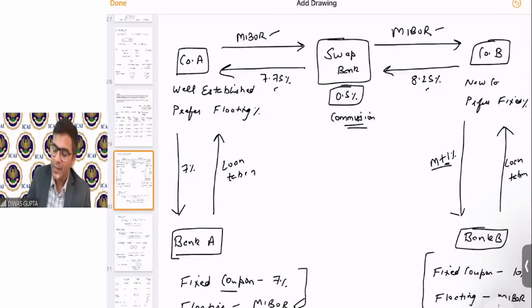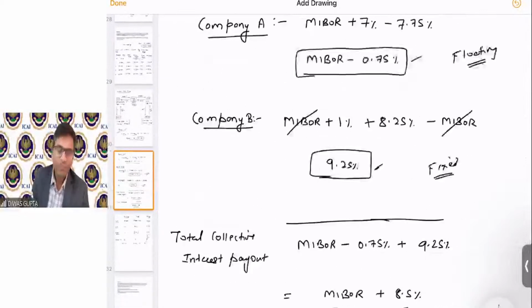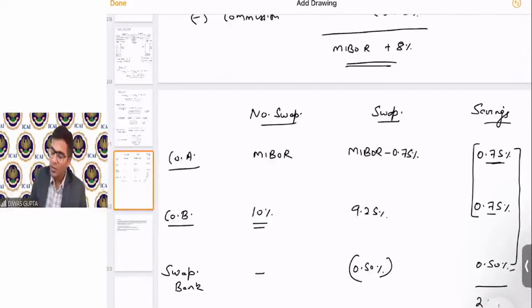How much extra should Company B pay to the swap bank to arrive at this 9 point? How much? 25. Correct, because the bank would have seen that 10% is what it will have. So if I reduce 0.75, it will be 9.25. So you see, step by step, we are going in reverse. Similarly, the bank would have gone in reverse.